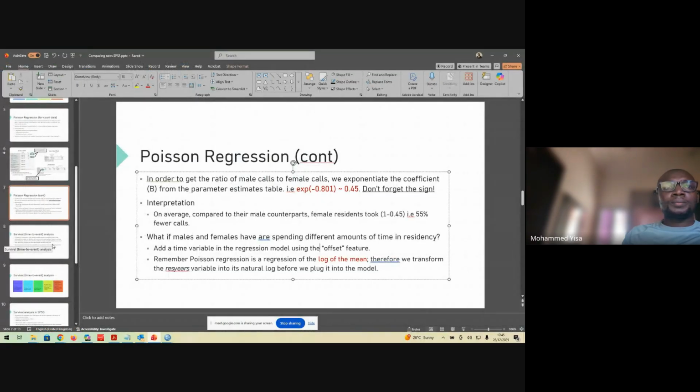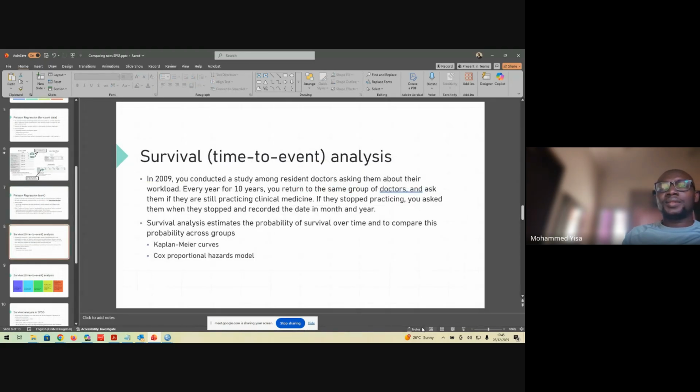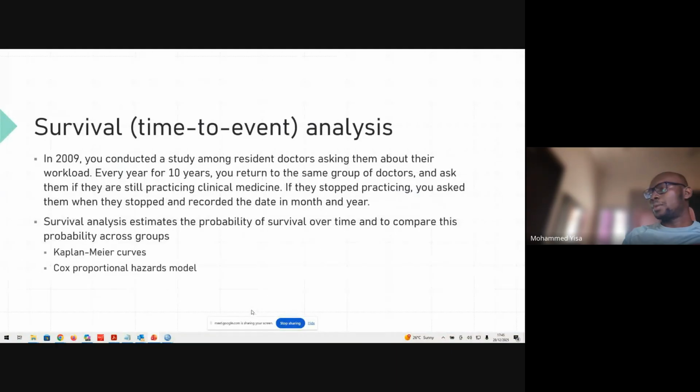So when we have other types of analysis, let's say we're trying to see the time to event. So now in this hypothetical data set, residents were interviewed annually to check whether they were still practicing medicine.